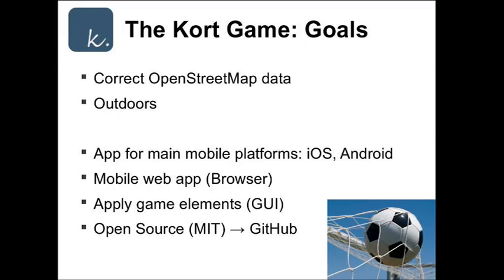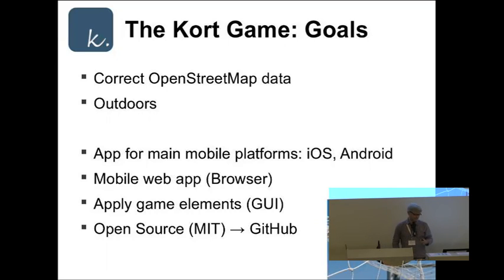It's a mobile web app, and let me emphasize this, it runs in the browser with lots of JavaScript code. There is also some server-side code, of course. It's a kind of data capturing, but by applying game elements in the user interface and in the workflow. It's open source in itself, so you can fork and download it on GitHub.